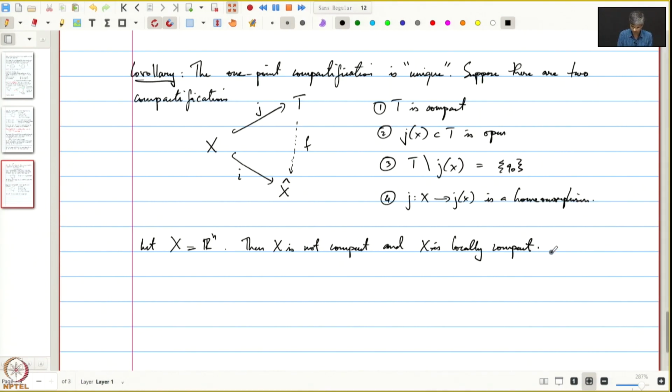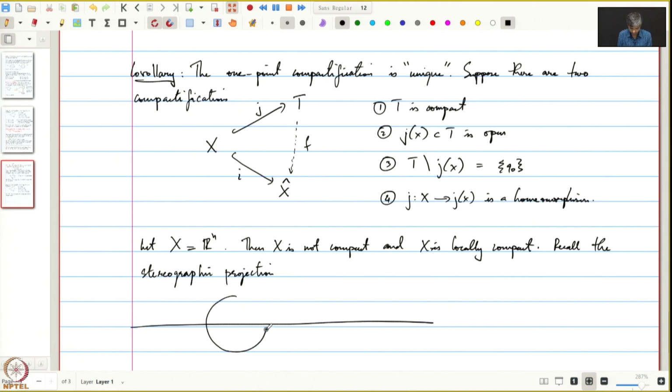Now recall the stereographic projection. What did we do? We had R^n and we took the sphere and we deleted the north pole P, and for any point x on the sphere we joined P with x and we get a unique point y.